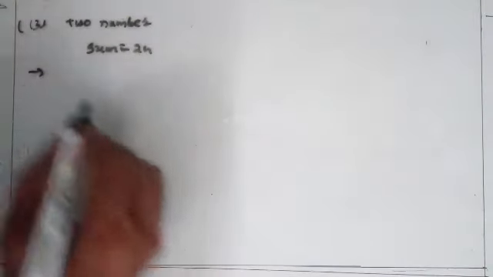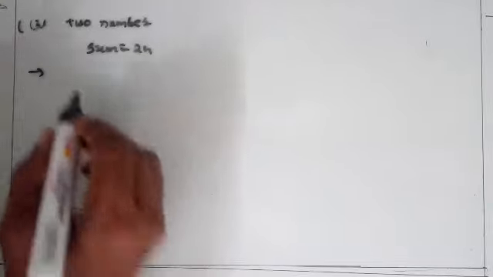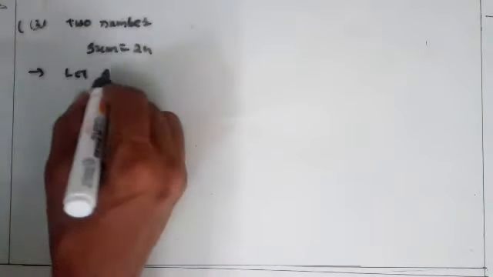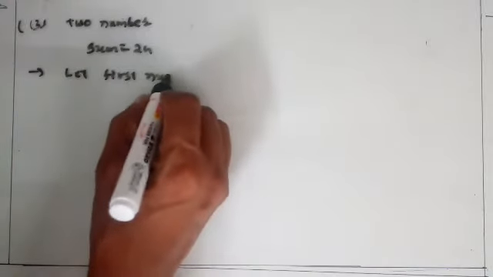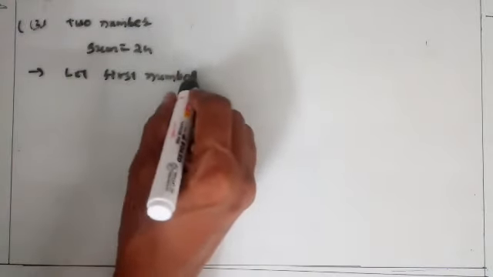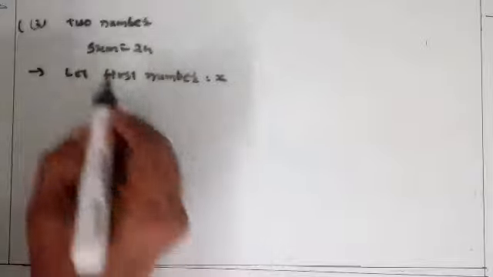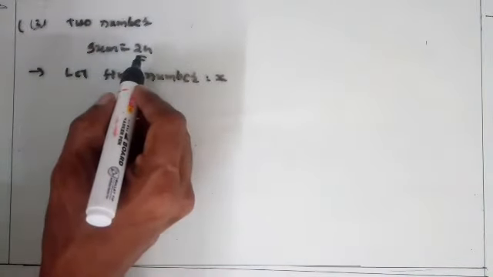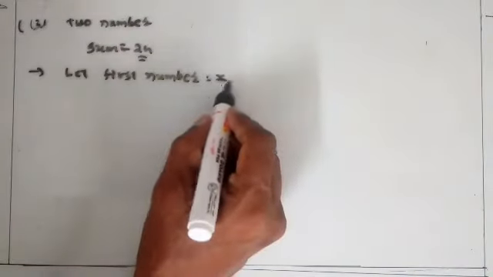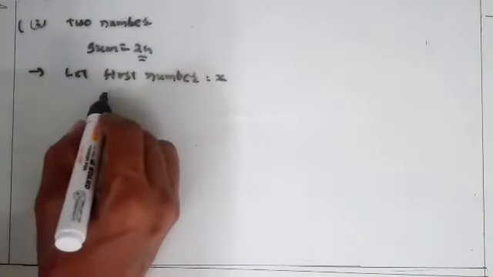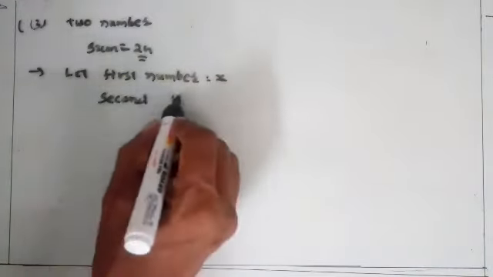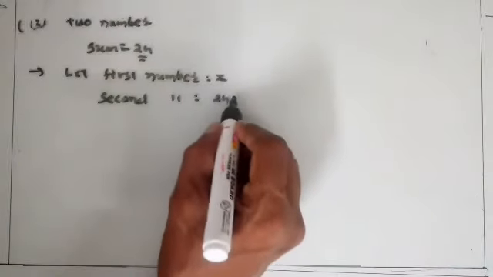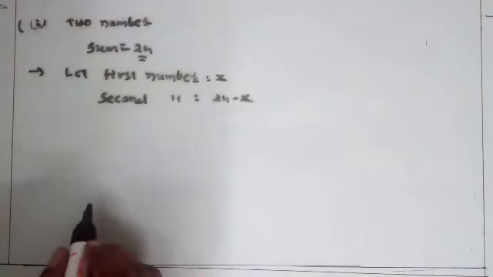For this, first suppose the first number is, let first number is equal to x. Here the sum is equal to 24 given and one number is x. So the second number is equal to 24 minus x, you know that.